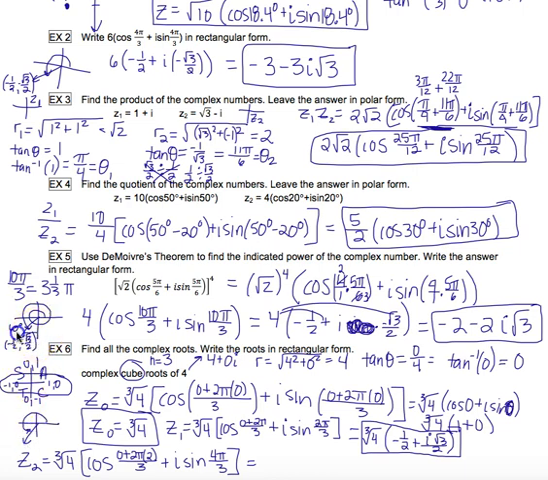So that actually is the same value that I had in example 5. So when I go to simplify into rectangular form, I know that the cosine is going to be -1/2, and the sine value is going to be negative radical 3 over 2.